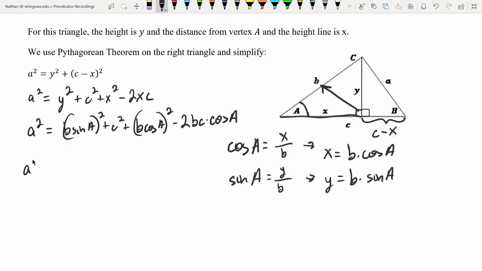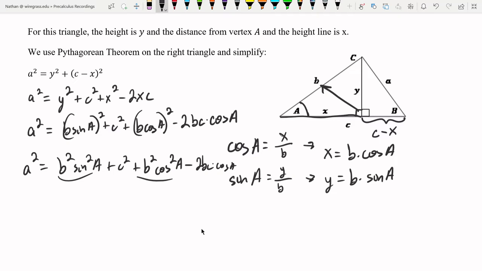And I get b squared sine squared A plus c squared plus b squared cosine squared A minus 2bc cosine A.